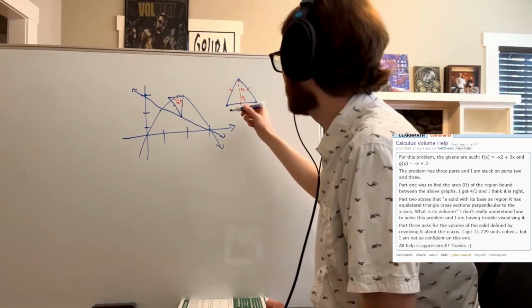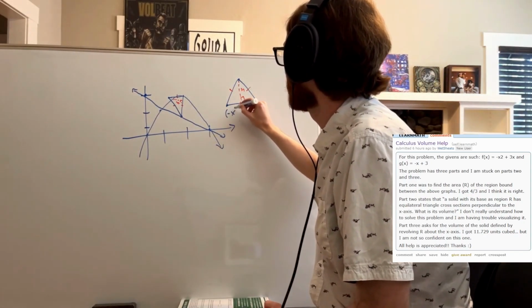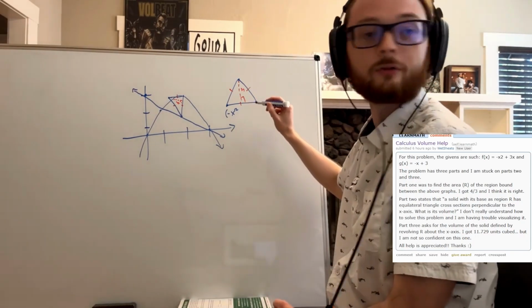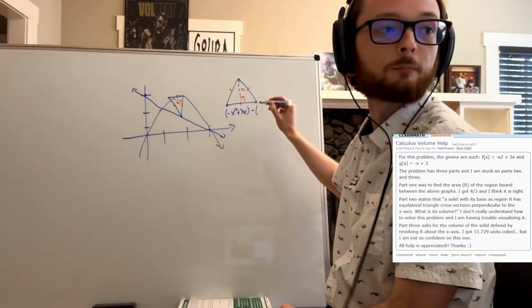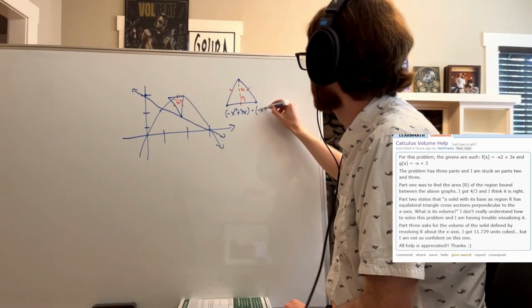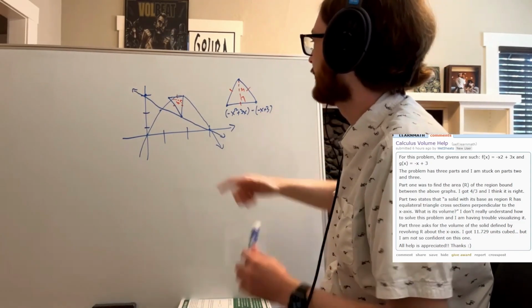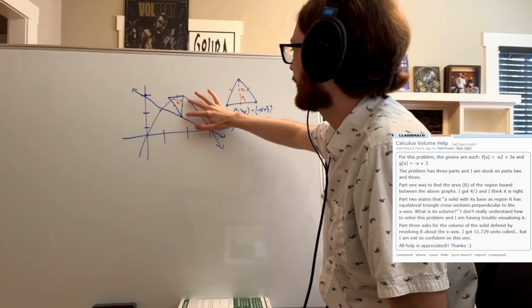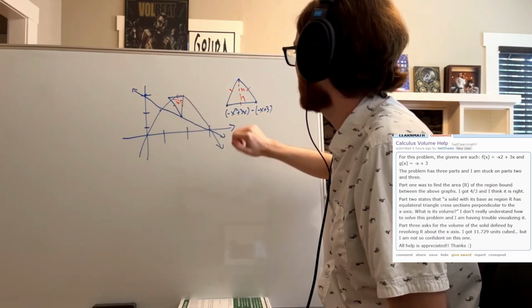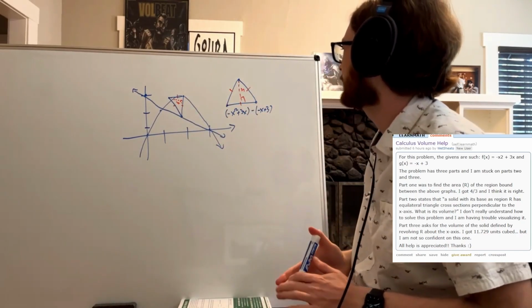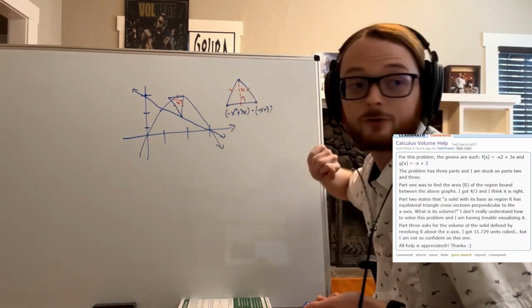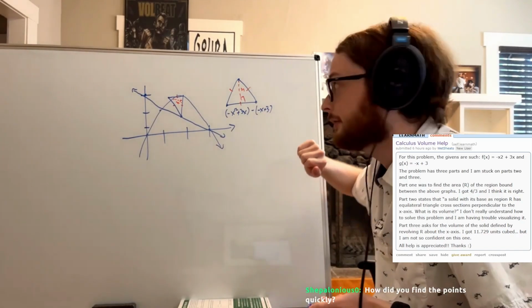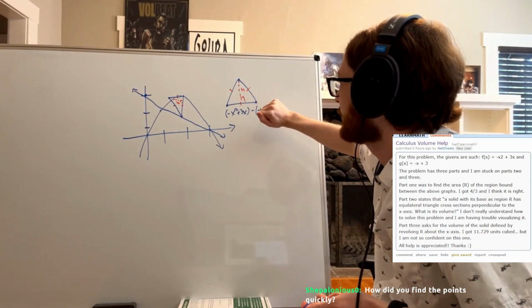Well, no, I'll do minus x squared plus 3x minus x plus 3. Because this parabola minus that line is the distance between them at that point, and so that's also the length of the side of the triangle. So we want to figure out the area of this triangle, and by integrating this two-dimensional area, we go into a three-dimensional volume.